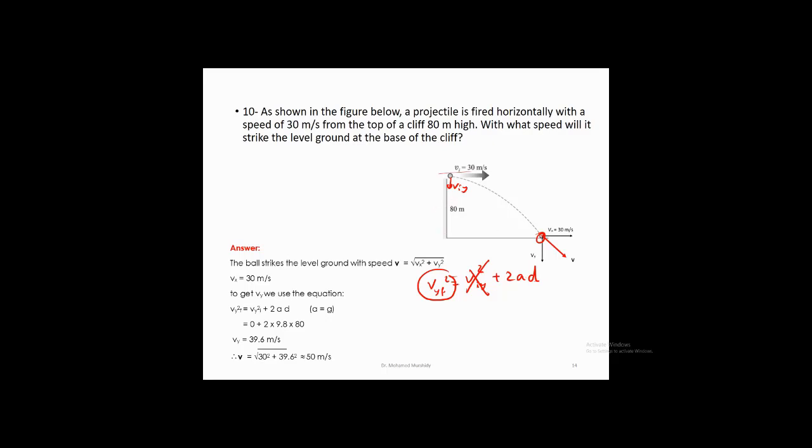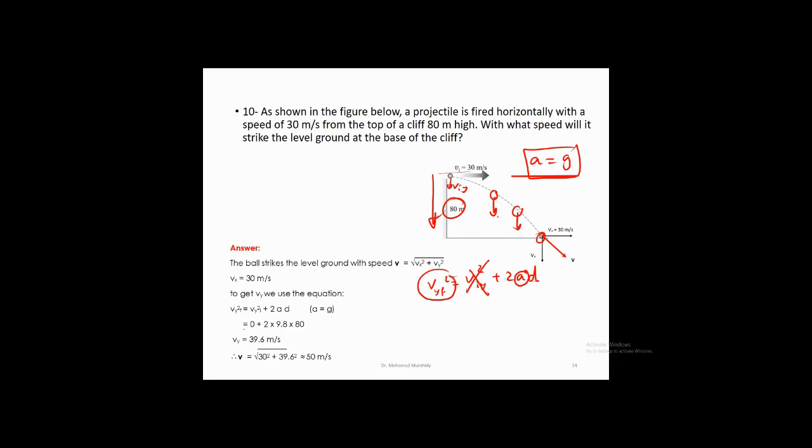The distance here is 80, in the y direction. And the acceleration again is the acceleration of gravity. The object is moving under its weight. There is no resistance. So if it just moves downward directly, in the y direction the ball will be affected by the gravity, A equals G. So here that will be 9.8.